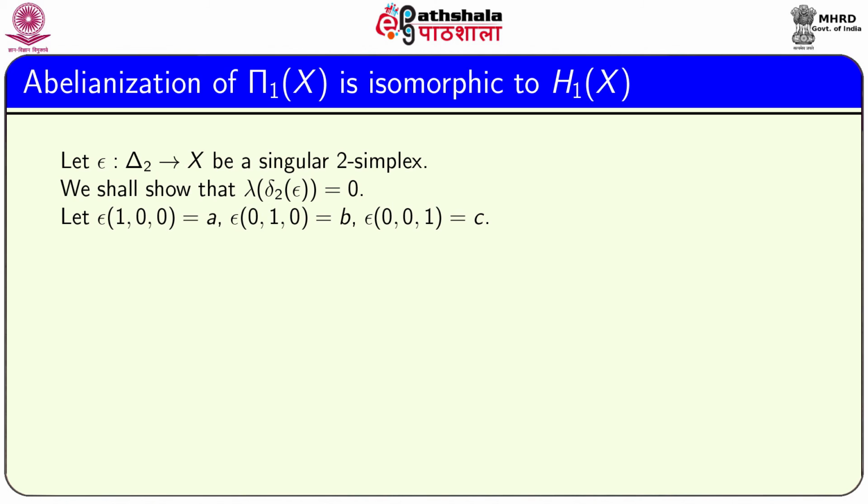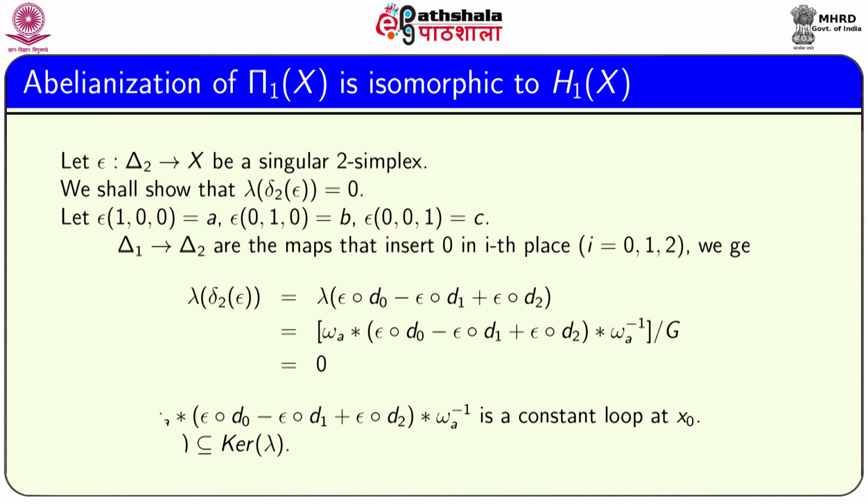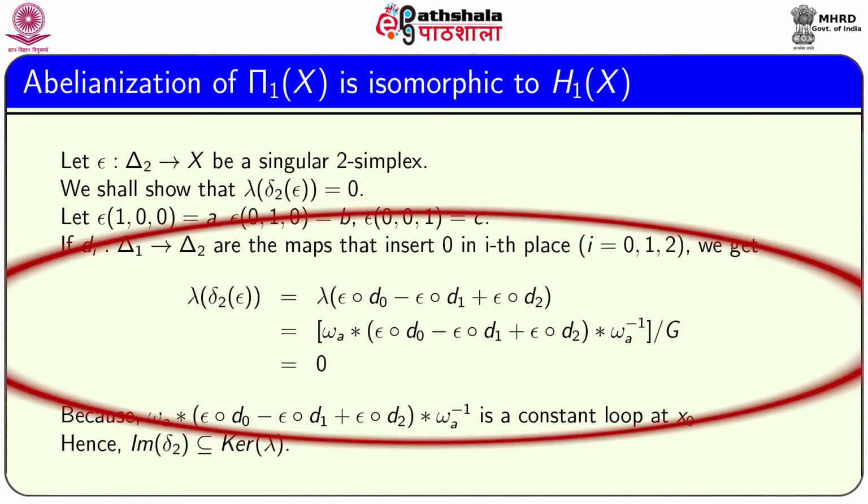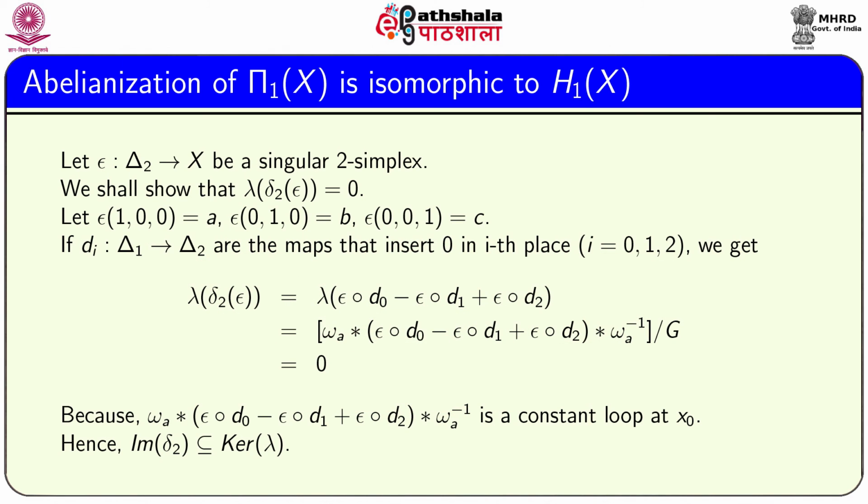Let ε(1,0,0) be A, ε send (0,1,0) to B and ε send (0,0,1) to C. If di from Δ1 to Δ2 are the maps that insert 0 in the ith place, we get λ of δ2 ε equal to λ of (ε∘d0 minus ε∘d1 plus ε∘d2), and that is equal to the class [WA * (ε∘d0 minus ε∘d1 plus ε∘d2) * WA inverse]G.